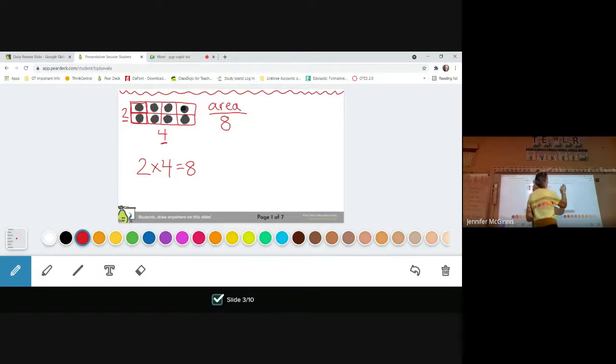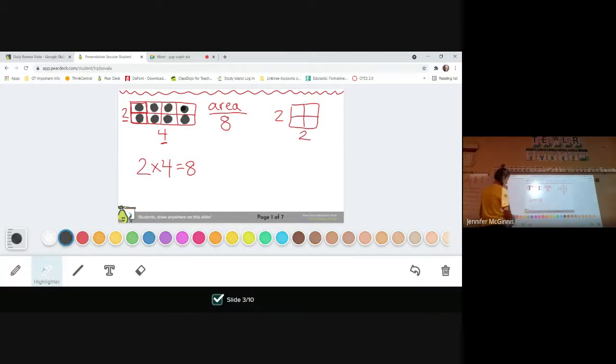Now, let's do one more before we move on to today's lesson. What are the side lengths of this box? Annabelle? 2 by 2. What's the area here, Gracie? 4. We have 1, 2, 3, 4, right?